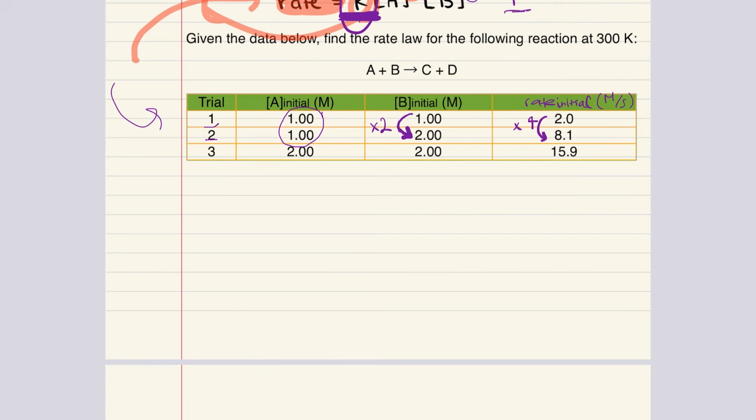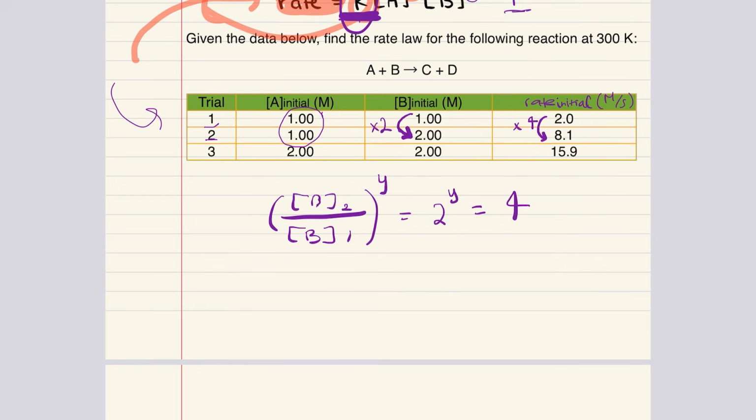Now, this approximate factor of 4 suggests that when the concentration of B is doubled, the rate increases by a factor of 4. This indicates a second order dependence on B, because the concentration of B in the second trial over the concentration of B in the first trial, raised to some factor, is going to be equal to 2 to some factor, equal to 4.